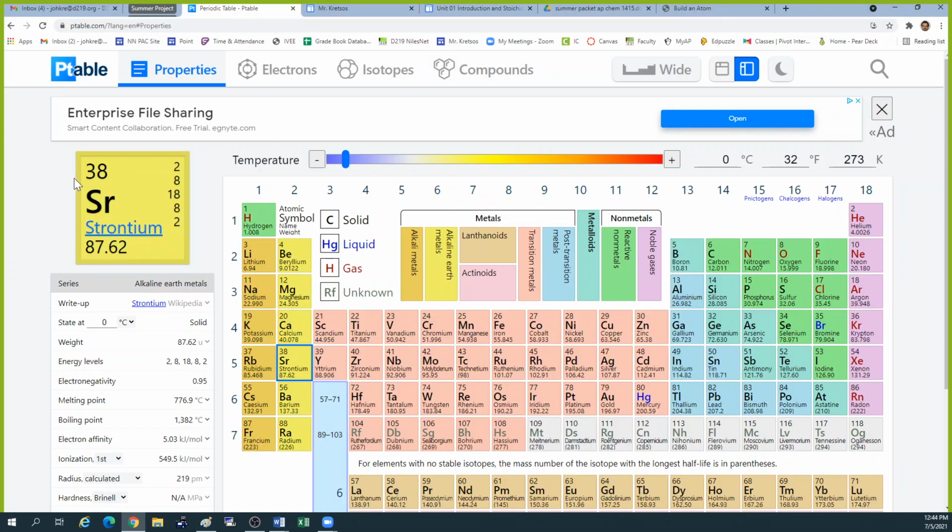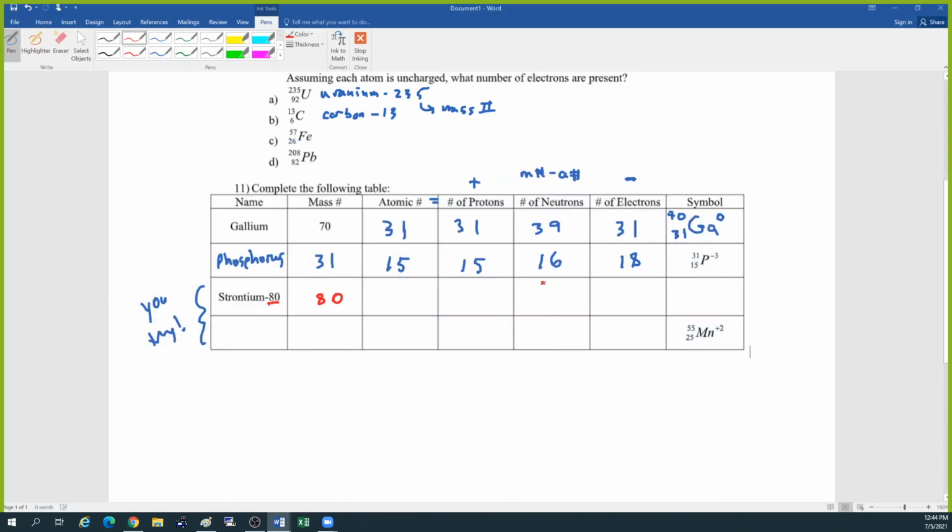So the atomic number is 38, which is the protons. Neutrons should be the difference, so that would be 42. This doesn't show a charge, so it should be also 38 electrons. And then to write it in the isotope notation, mass number on top, atomic number on the bottom.